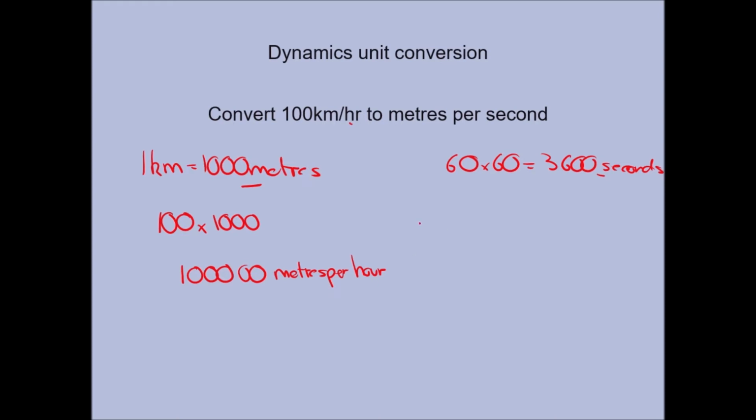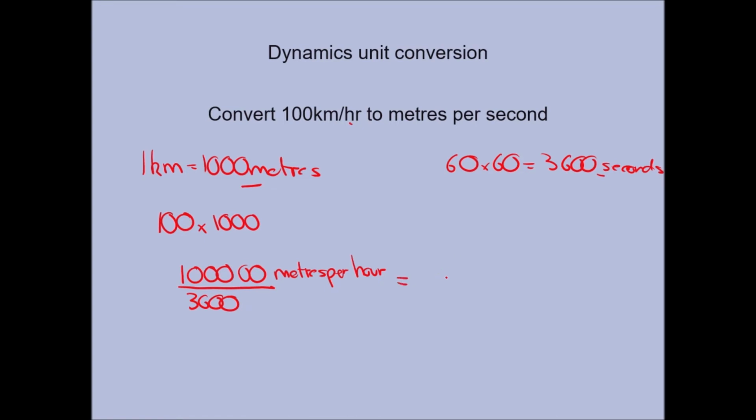So how do we get from hours to seconds? So we know there's 3,600 seconds in an hour. So what we're going to have to do is divide this by 3,600. Okay, I'll give you a sec to pop that in your calculator.